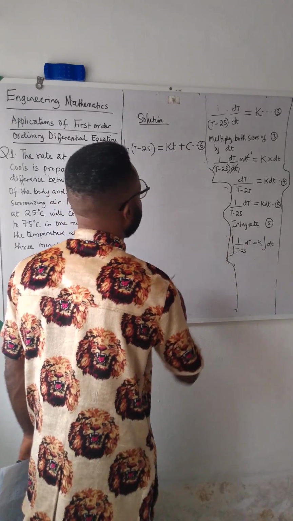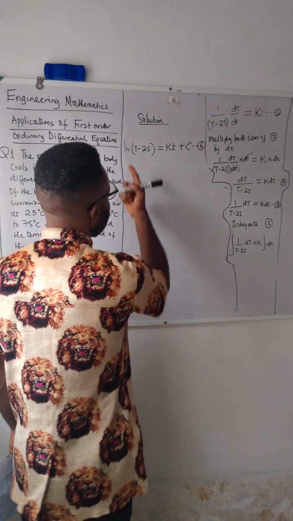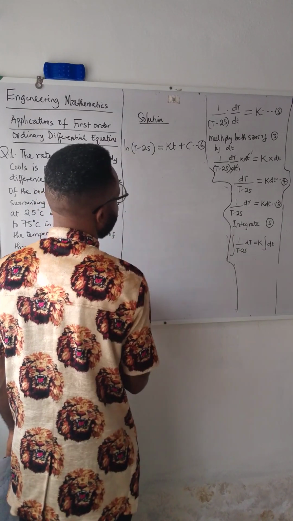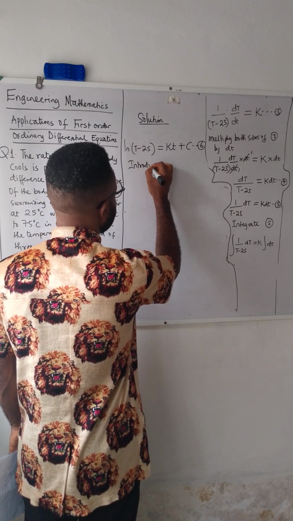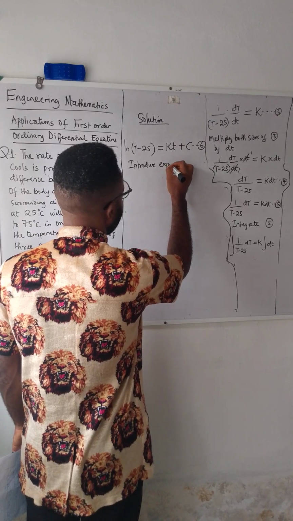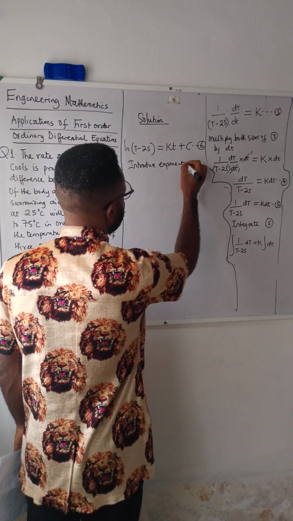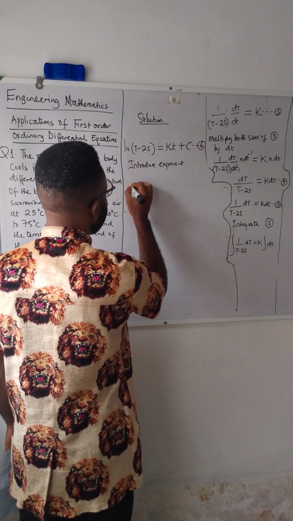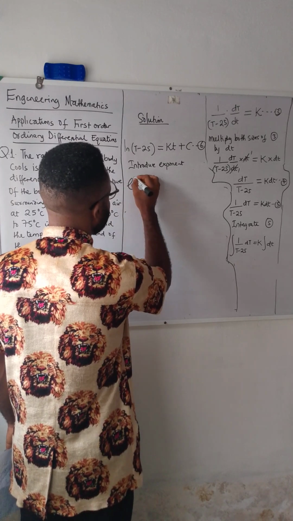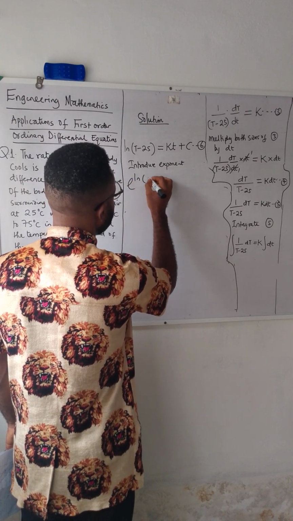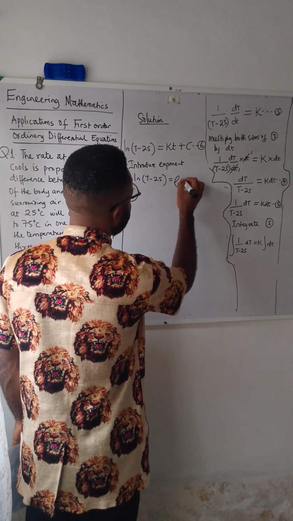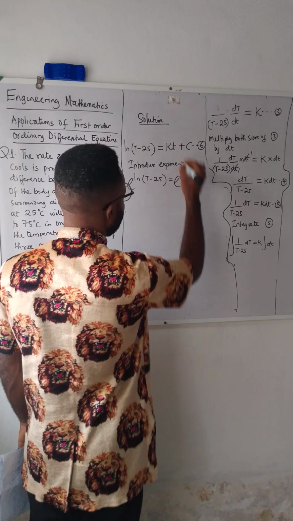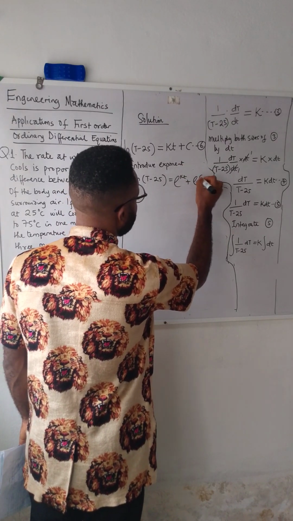a bit simplified. In order to eliminate ln here, we introduce exponents. So when we introduce the exponent, ln of t minus 25 equals exponent kt plus exponent c.